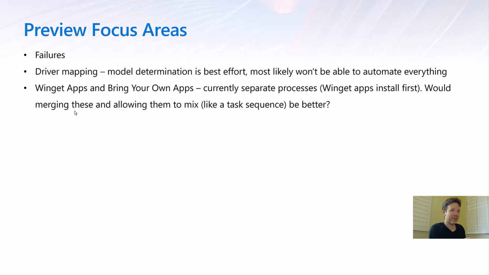But if you want these to merge, where a Winget app runs first, then a Bring Your Own app runs second, then a Winget app runs third, and a Bring Your Own app runs fourth, going back and forth, let me know if that is something you want. If it's popular enough, I can look at doing it, but it's going to take time. Right now, I think we have some options where you're not blocked. It would just be more of a nice to have.